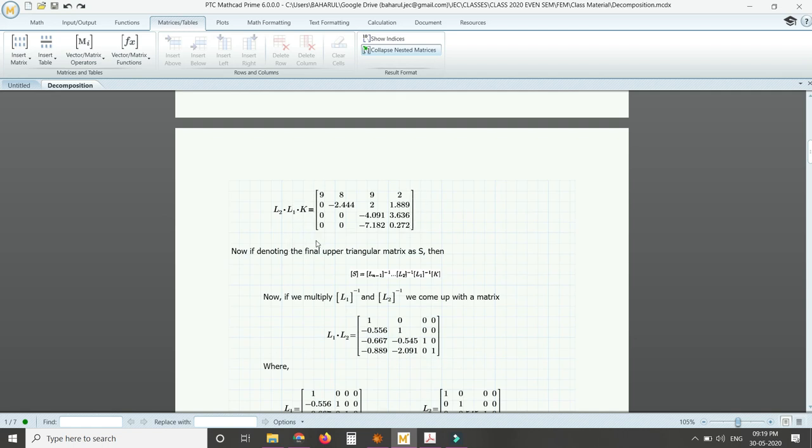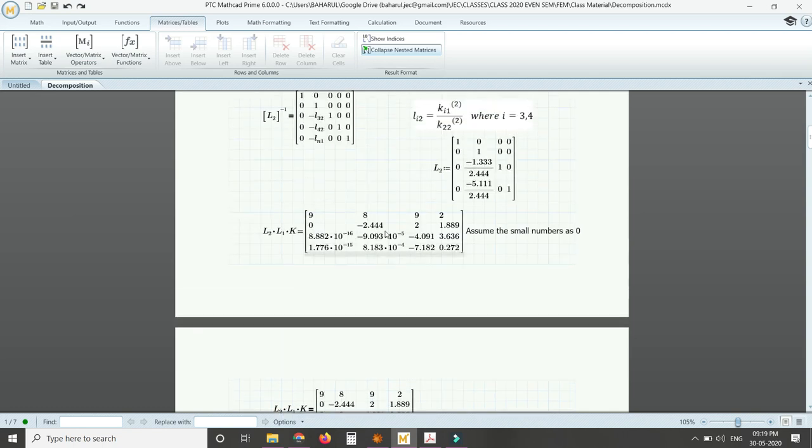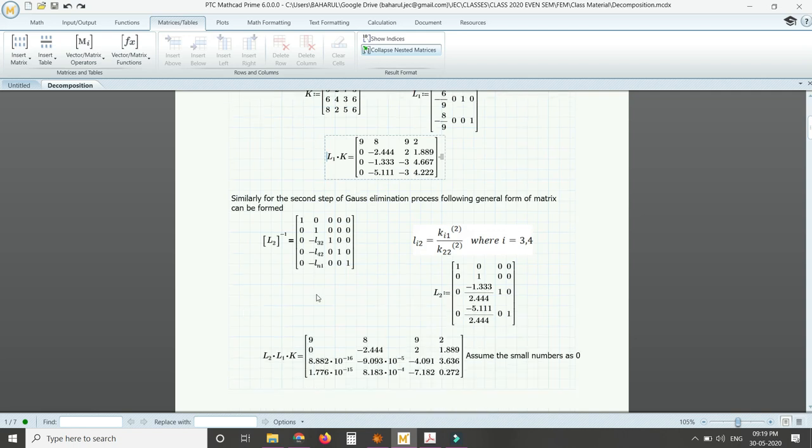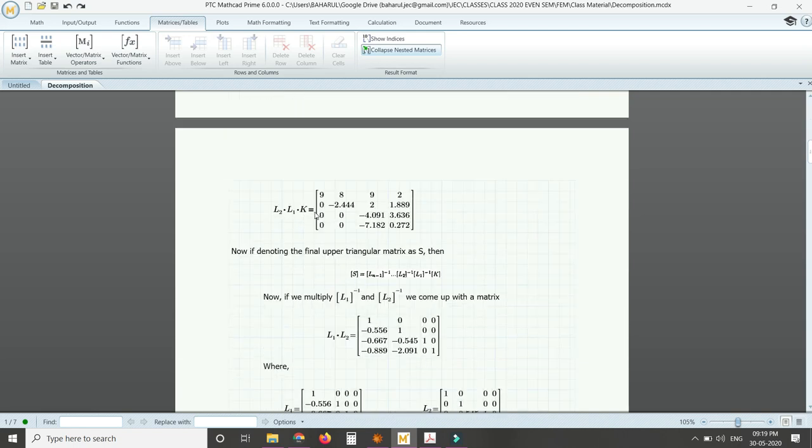So we can see that in each step we are getting zeros, which means we are approaching the Gauss elimination method. Now as you can see, from here L1 inverse and L2 inverse, all the matrices we need to multiply in this form.